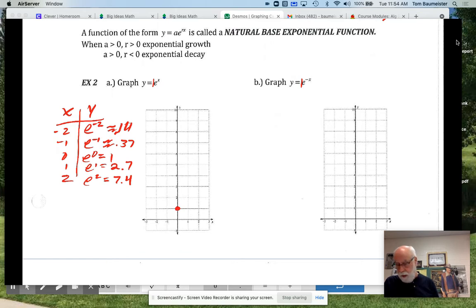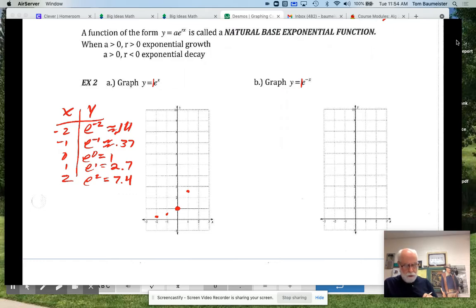So there's our easy one. Let's see, 0.37, we know that's going to be less than 0.5, and we're going to have something like that, right? And then we said it's 2.7, so there's 2, 3, so 2.7 will be somewhere like here, and then e squared would be 7.4.